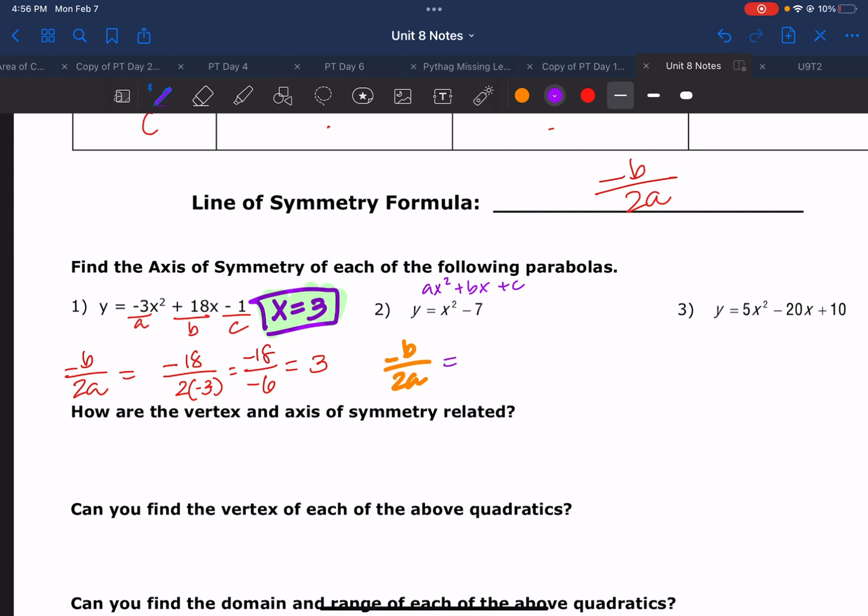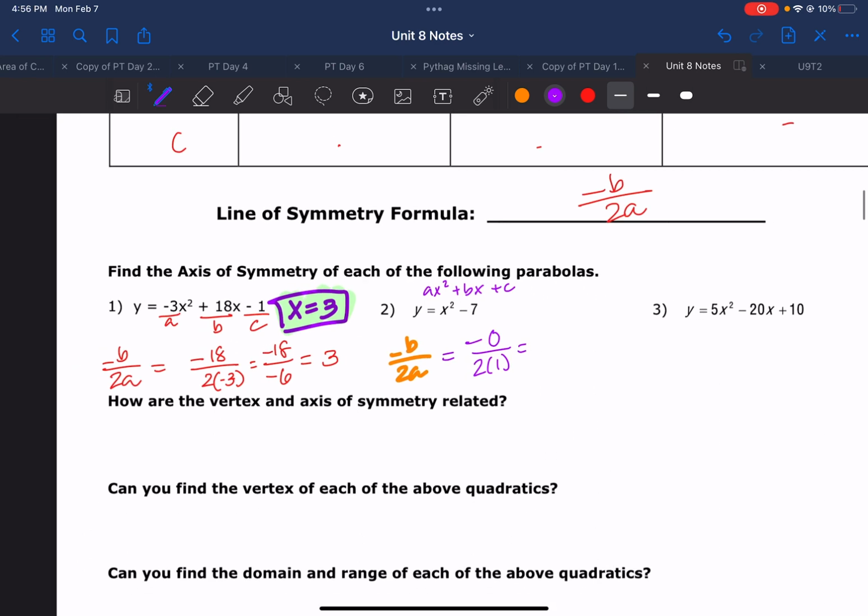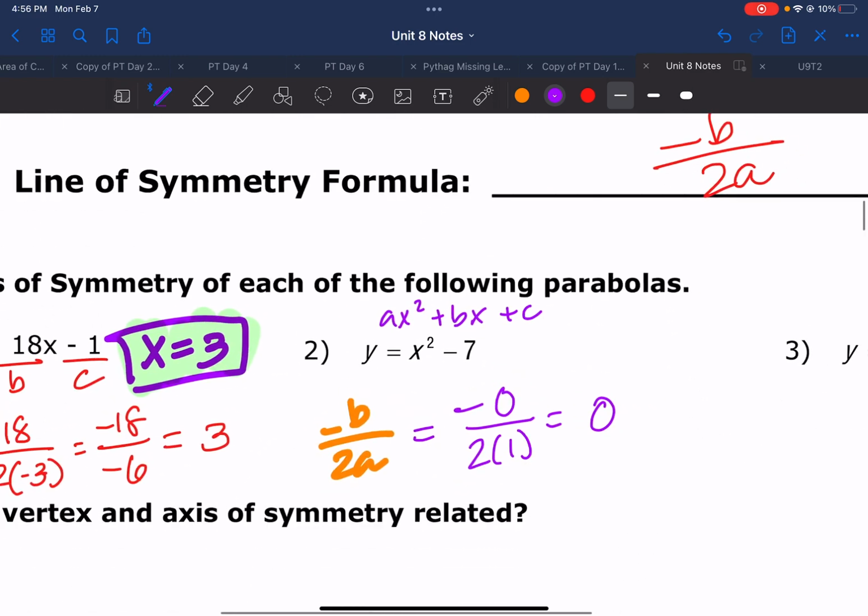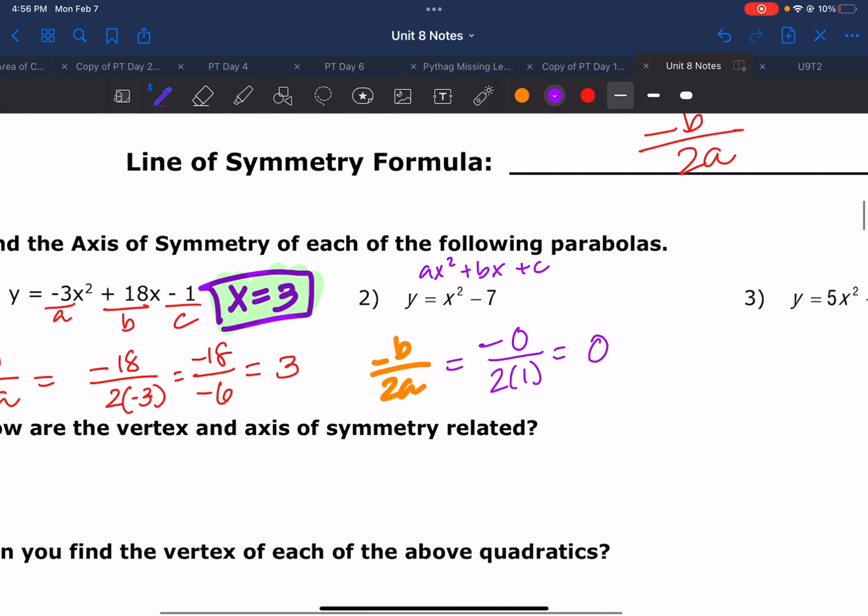So if I was to write this, it'd be negative 0 over 2 times 1. But anytime you divide anything into 0, if you plug it in, it's just going to be 0. So now what does that mean? It means your axis of symmetry is just x equals 0. That's what it is, right?